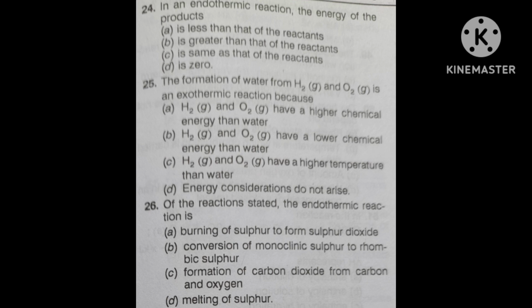Of the reactions stated, the endothermic reaction is: first, burning of sulfur to form sulfur dioxide. Second, conversion of monoclinic sulfur to rhombic sulfur. Third, formation of carbon dioxide from carbon and oxygen. Fourth, melting of sulfur. You can answer this question within 30 seconds.